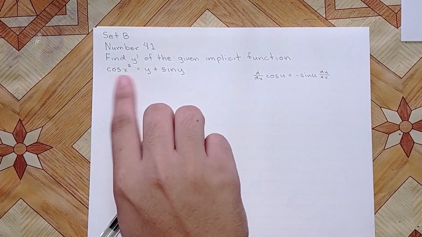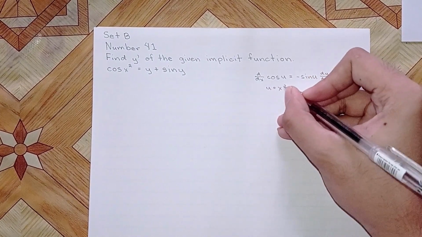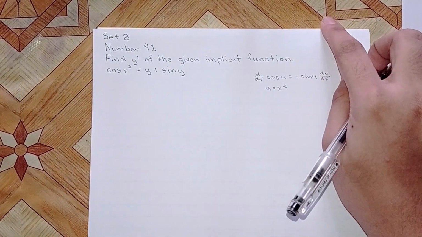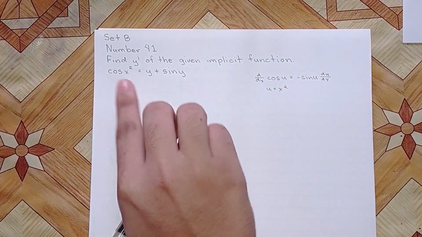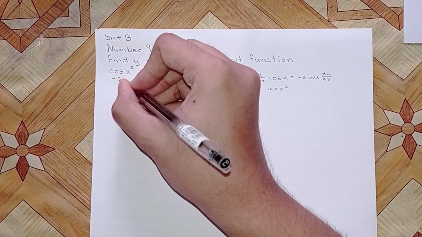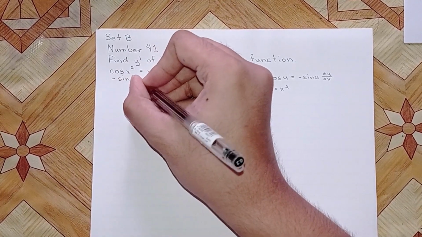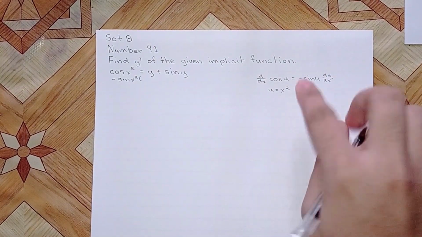In our case here, our u is equal to x squared. So we can write the derivative of cosine x squared as negative sine x squared times the derivative of x squared here, which is 2x.